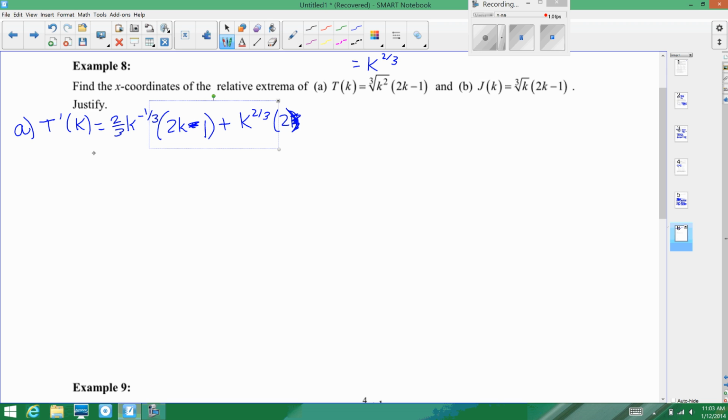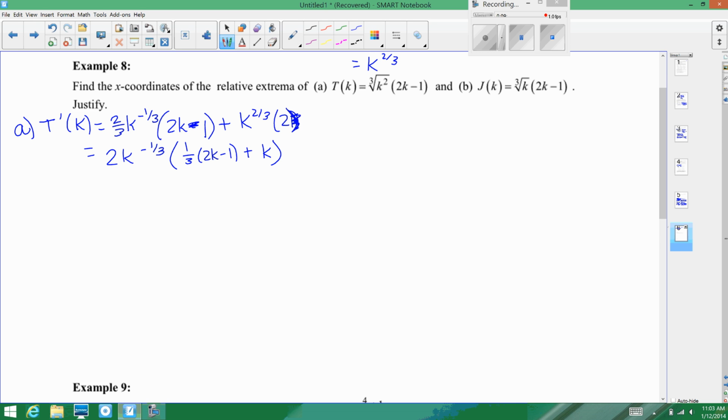All right, so with our product rule here, we should maybe factor out least powers. It's a really helpful way to analyze functions. So I believe we could take out a 2k to the -1/3. And let's see what would be left over. Well, we would have here 1/3 times 2k minus 1. And on this side, so -1/3 plus what gives us 2/3, and that's just going to be k.